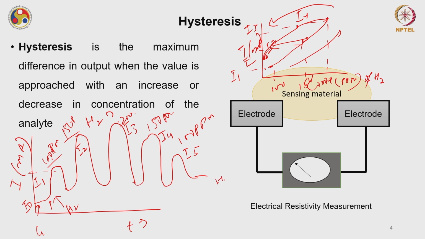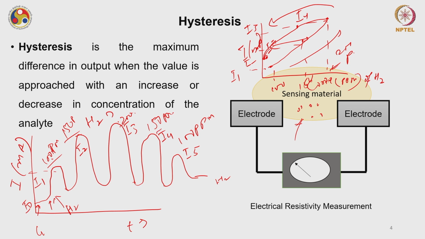So if some hydrogen molecules, say when it is exposed to 200 ppm, which is typically a high concentration, some of the hydrogen molecules are attached to the sensor material surface. Now automatically the conductivity is at a higher state when another concentration of say 150 ppm is introduced.